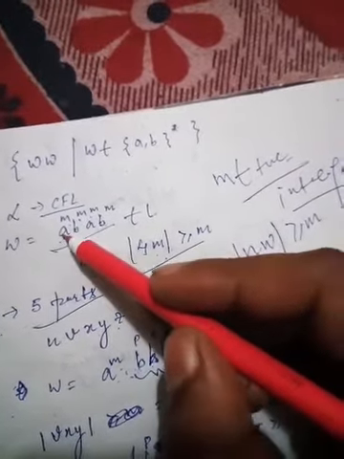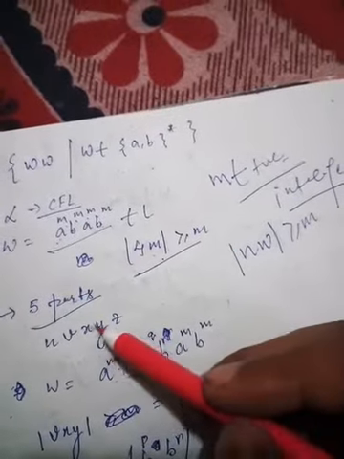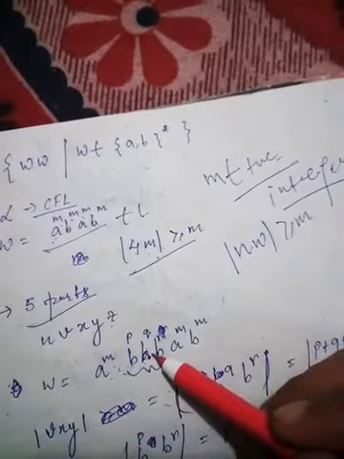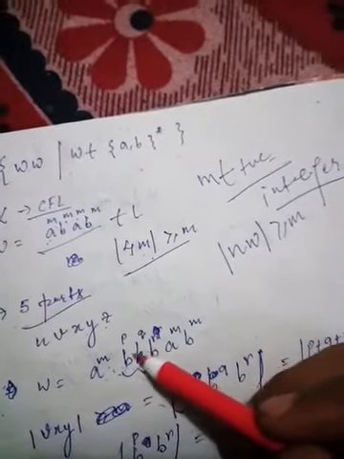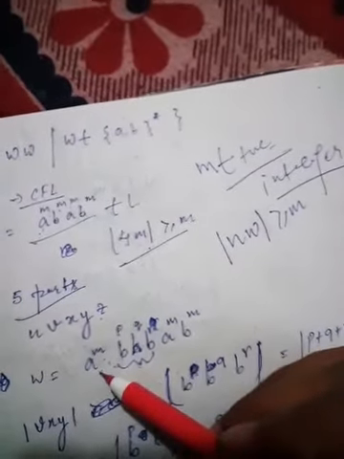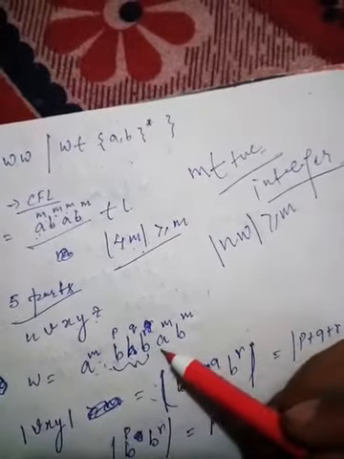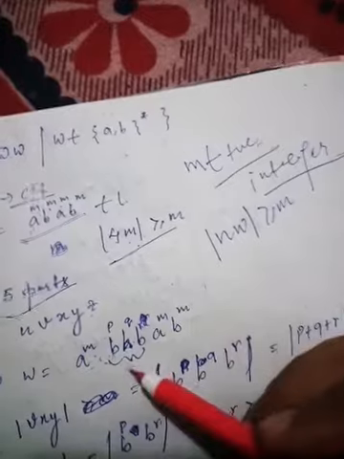What we are having in the second is b, so we will divide b into 3 terms, that is v, x and y. So v, x and y will be this, and the powers for v, x and y will be p, q and r. So we are having a to the power m, b to the power p, q and r as the powers, then a to the power m, b to the power m.